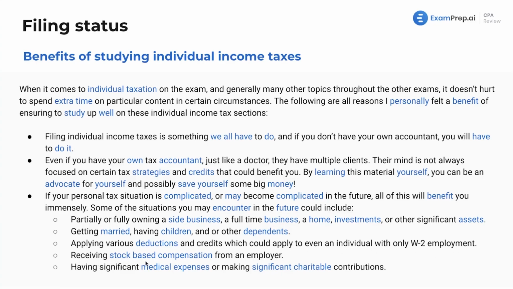Receiving stock-based compensation from an employer: even if you have normal W-2 employment, as you rise through the ranks and become the controller of a company, you could start getting stock options, stock-based compensation from your employer that has significant tax implications as well. Lastly, having significant medical expenses or making significant charitable contributions. As I mentioned many times, this is one of the more morbid and grounded in reality exams.